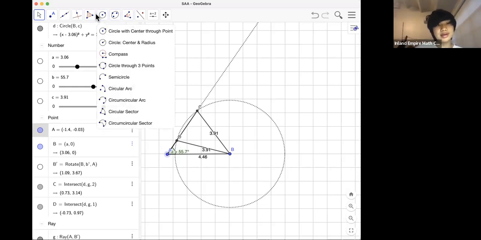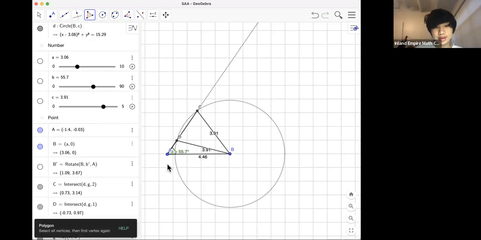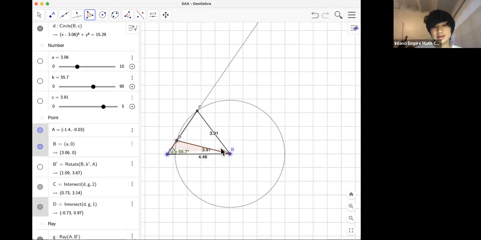So we have this triangle, ADB. This triangle has an angle of 55.7 degrees, a side length of 4.46, and another side length of 3.91.